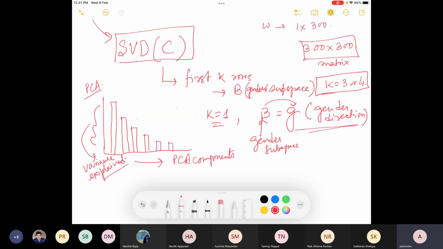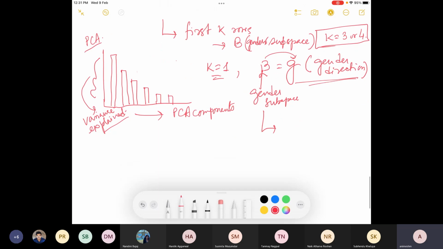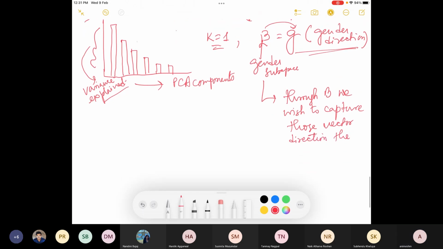So through B, we wish to capture those vector directions that explain max variance.